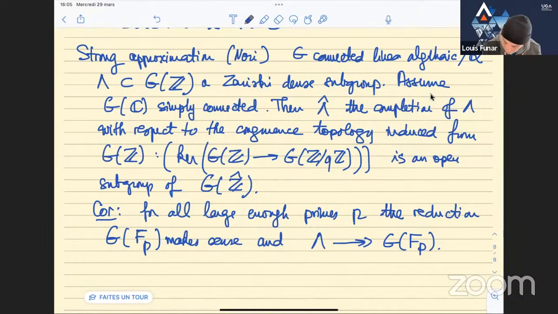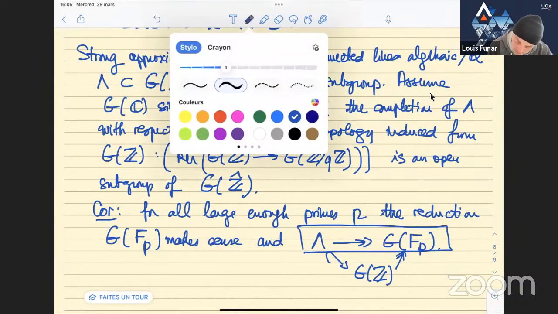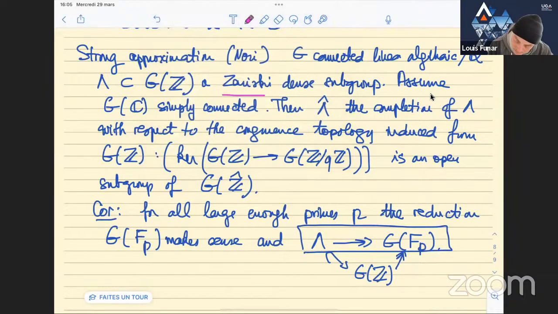Okay, the map going from lambda into G of Z and from here to here is actually a surjection when you restrict here. So what's interesting is that you don't ask lambda to be a finite index subgroup, but just a Zariski dense subgroup. This is the power of this theorem. And Zariski density is something you can get used to.